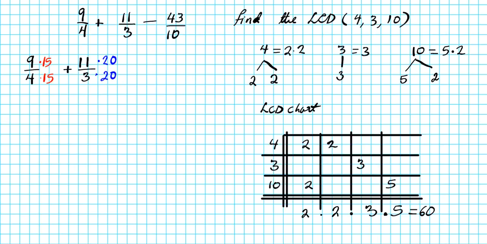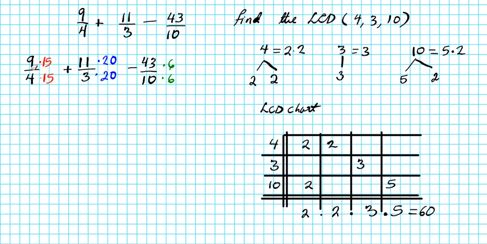Okay. And then how about the last one? The last one is 43 over 10. So we need to multiply the numerator and denominator by 6 because we know that 10 times 6 is 60.